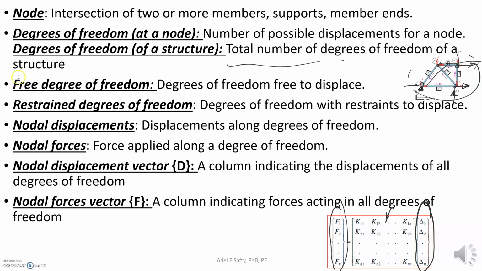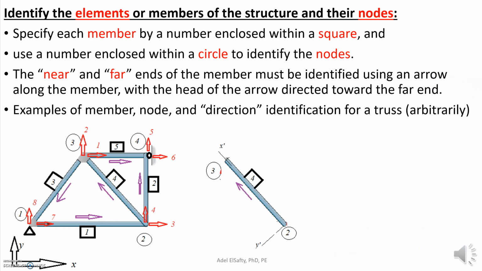We just wanted to highlight this so we understand exactly what we're trying to find out. And we're going to be talking about what K11 and K12 and K21 and all these entities mean.